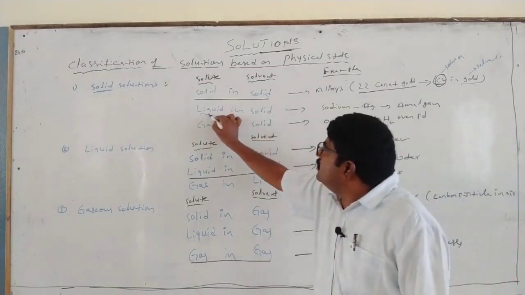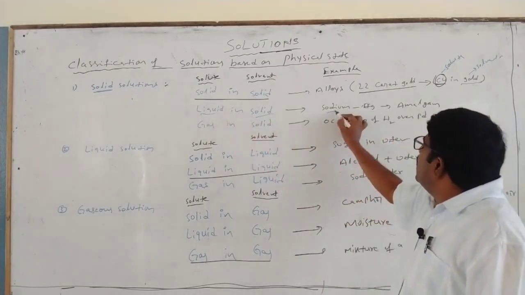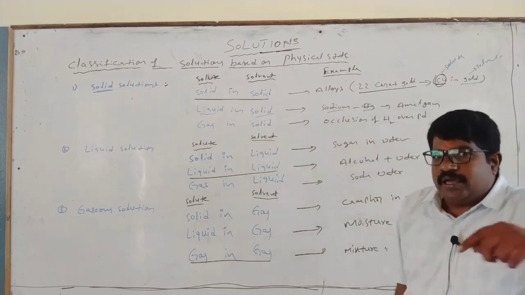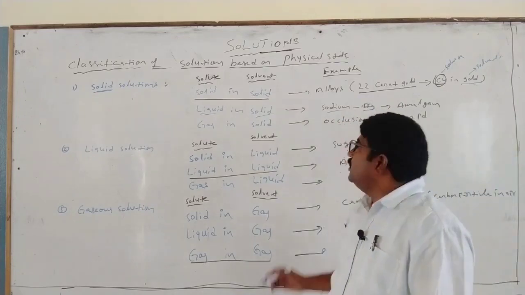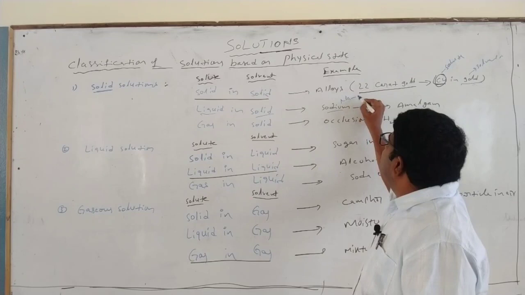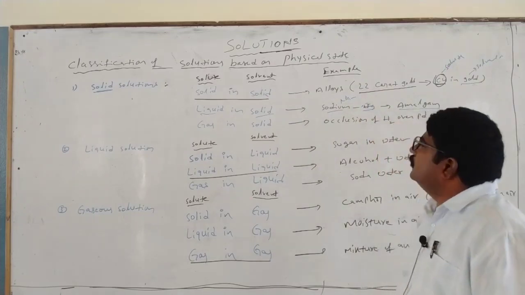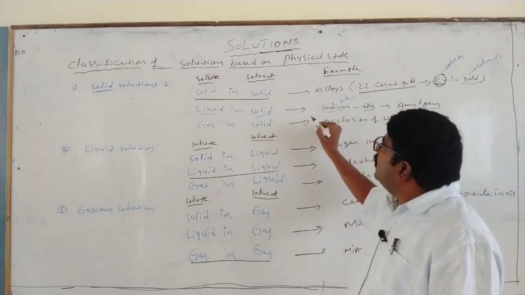Next one, liquid in solid. Here sodium with mercury, NaHg, that is called amalgam.